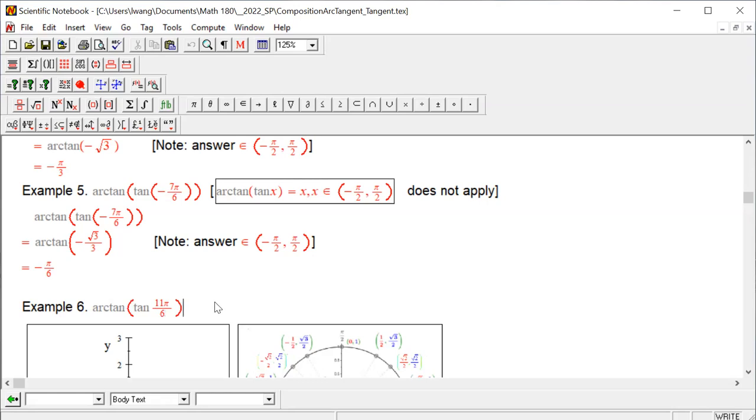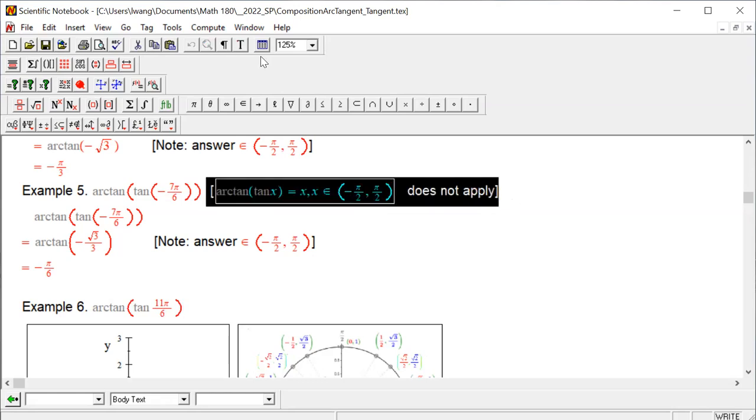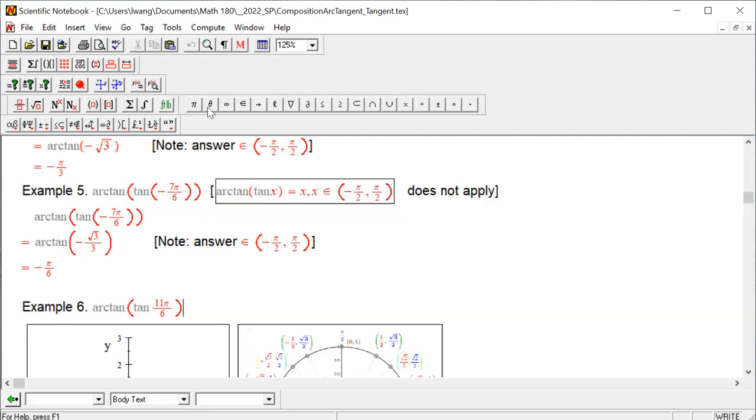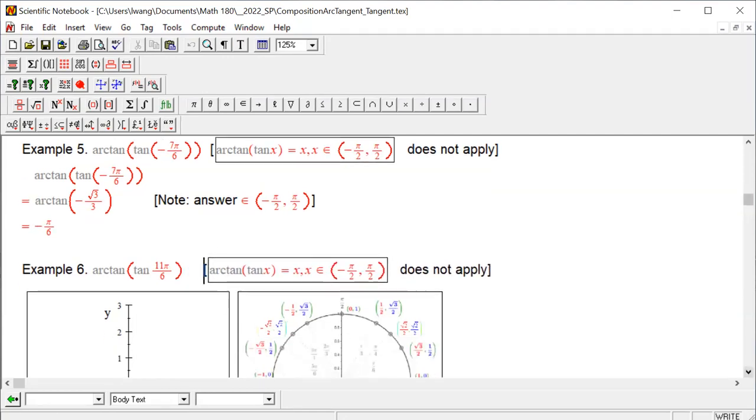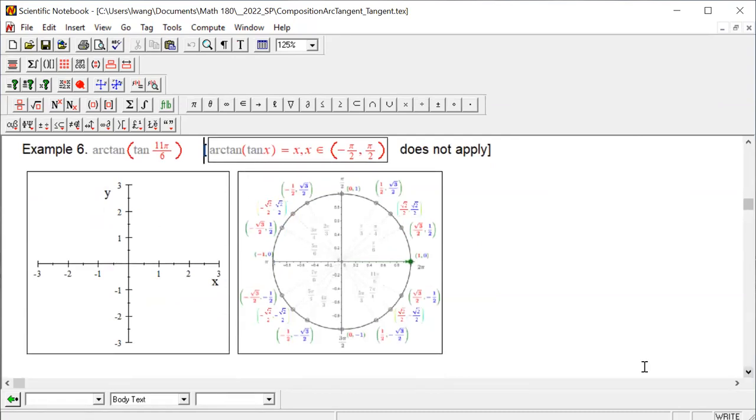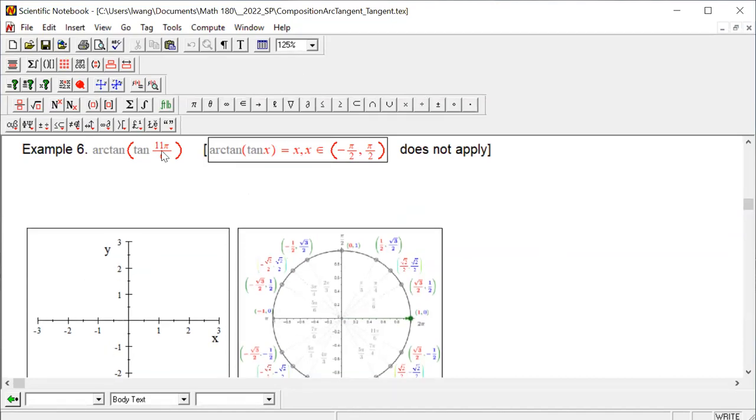Once again, the shortcut does not apply. So what do we do? We just do it from the inside out, just like always. Even in cases where a certain property applies, you can still do it from the inside out, and then you have two different ways of doing it.